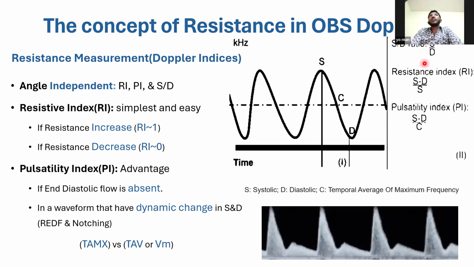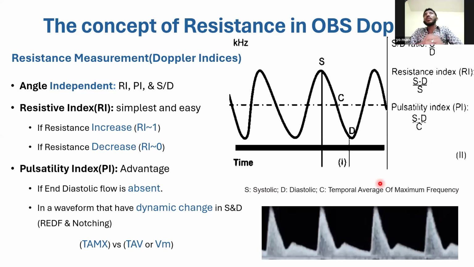The RI is also systolic minus diastolic over systolic. The pulsatility index is systolic minus diastolic over the temporal average of the maximum velocity.